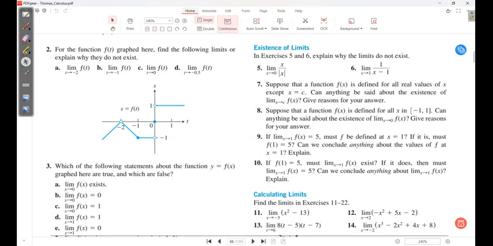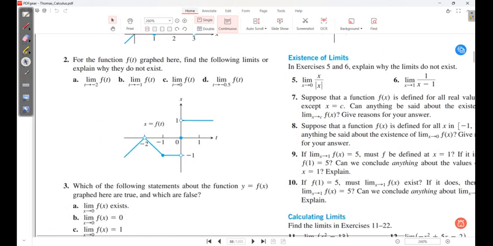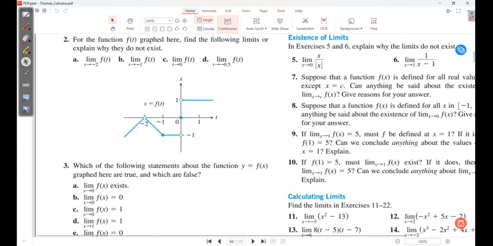Okay, let's move now. So for A, what's the answer there? We need to determine the limit as t approaches -2. Kindly repeat.